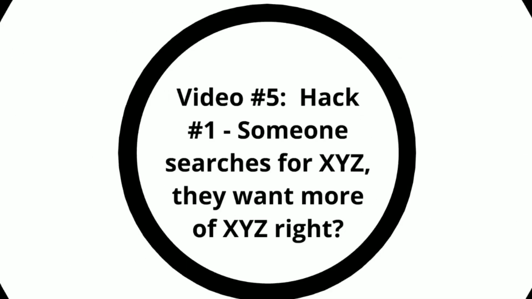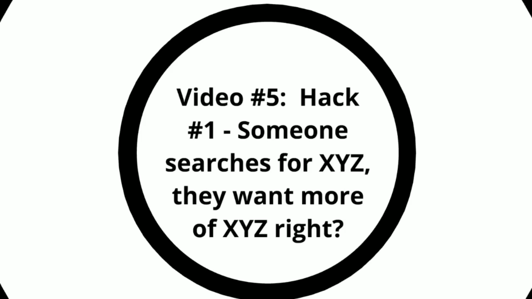Video number 5 is when we start to talk about the hacks. Videos 5, 6, and 7 will be hacks 1, 2, and 3. Hack number 1 is all about this: when somebody comes to your website and everything loads fast, they're searching for something specific.